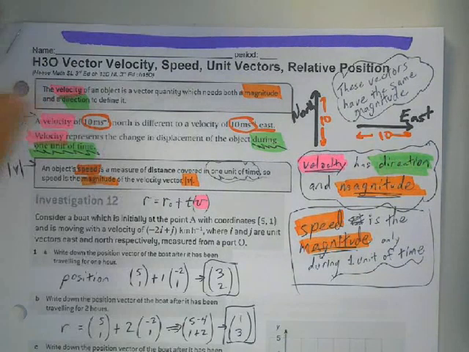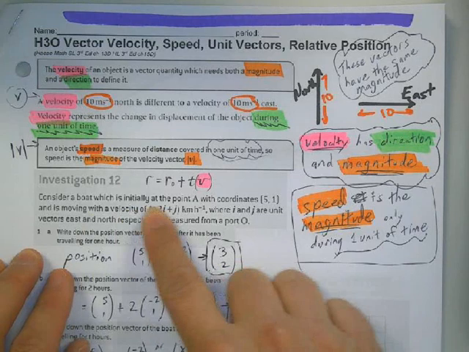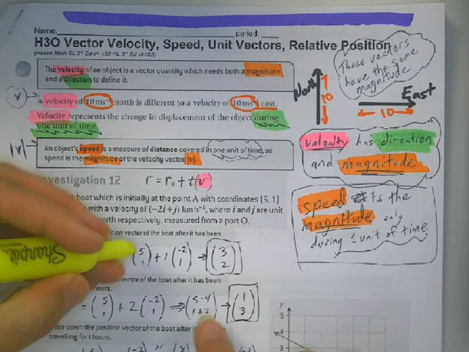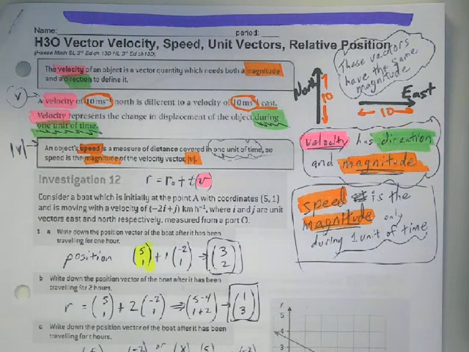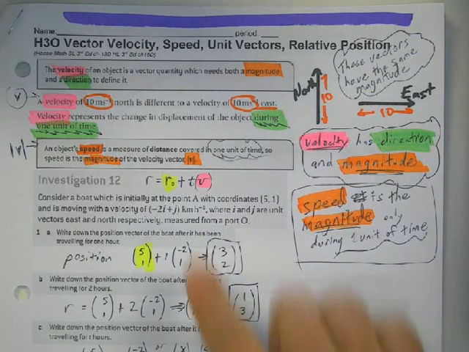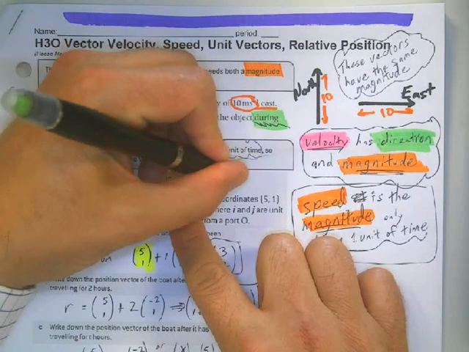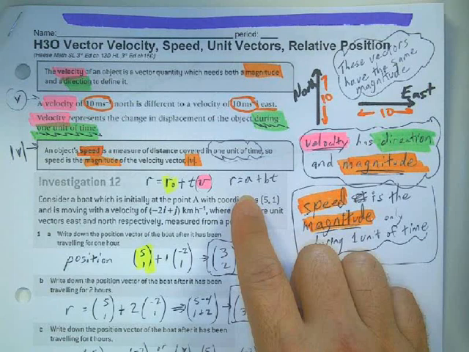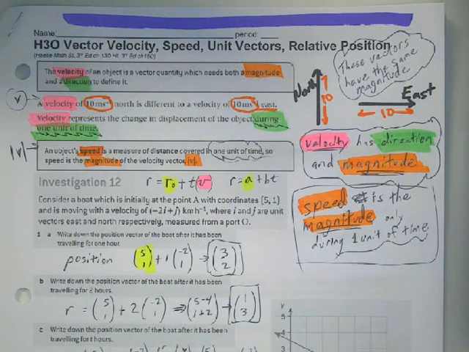Okay, so let's look at this first example. Consider a boat that is initially at point A with coordinates 5, 1. So my initial position is this. And we've seen this equation before, where r equals a plus bt, where a is the initial position and b is the direction.